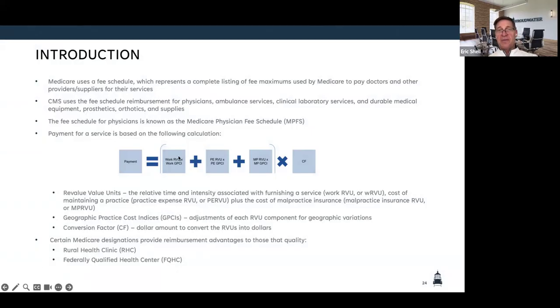The PE is physician practice expense, and then there's a malpractice RVU. So, for example, 99213, established patient intermediate office visit, may have a work RVU of, I'd probably say, 1.4. A practice expense may be 1.2. Malpractice may be 0.2. You add these three up, and it comes up around a total weighting for a 99213 of 2.7, 2.75.